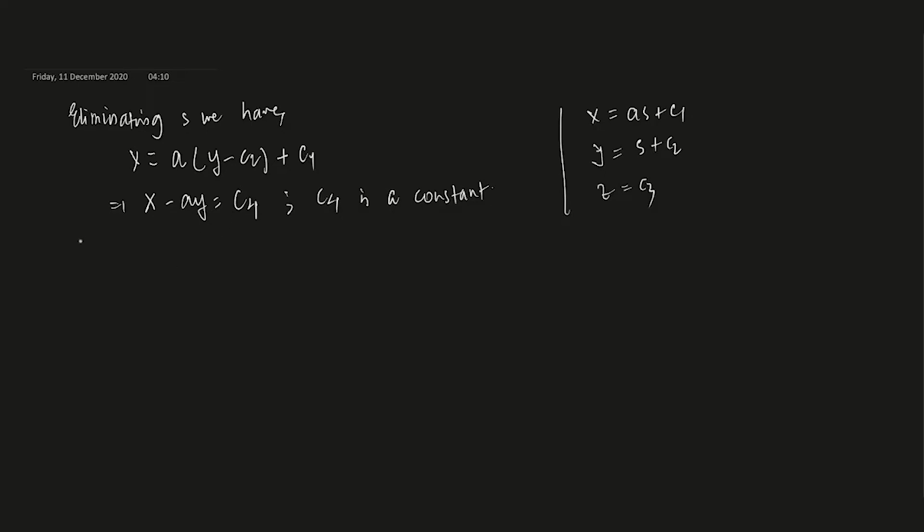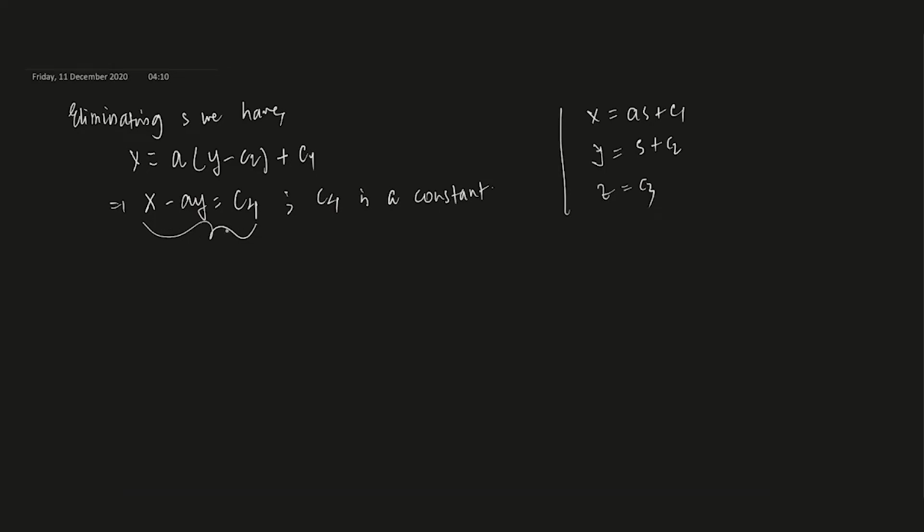Now what do these three equations say? From these two equations we eliminated s and got this relation. Whenever we say there is a characteristic curve, what is it doing? The characteristic curve solves this equation. These are lines, right?